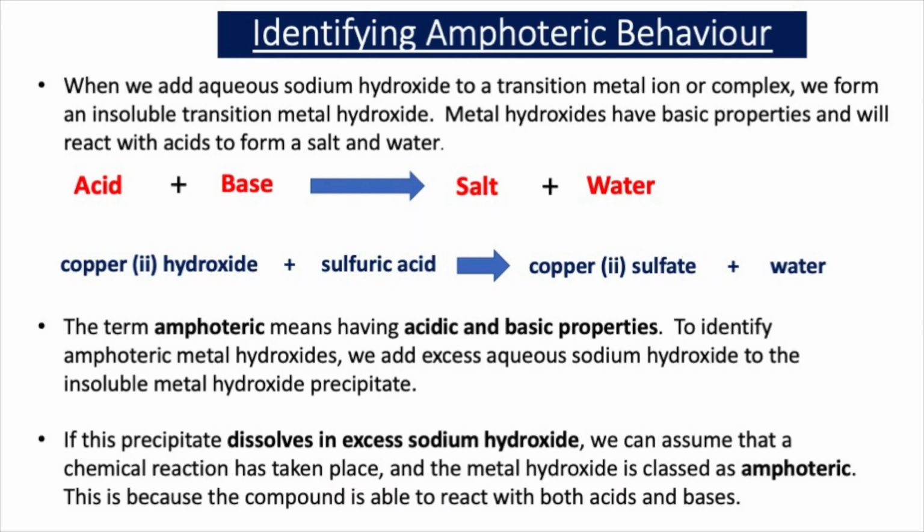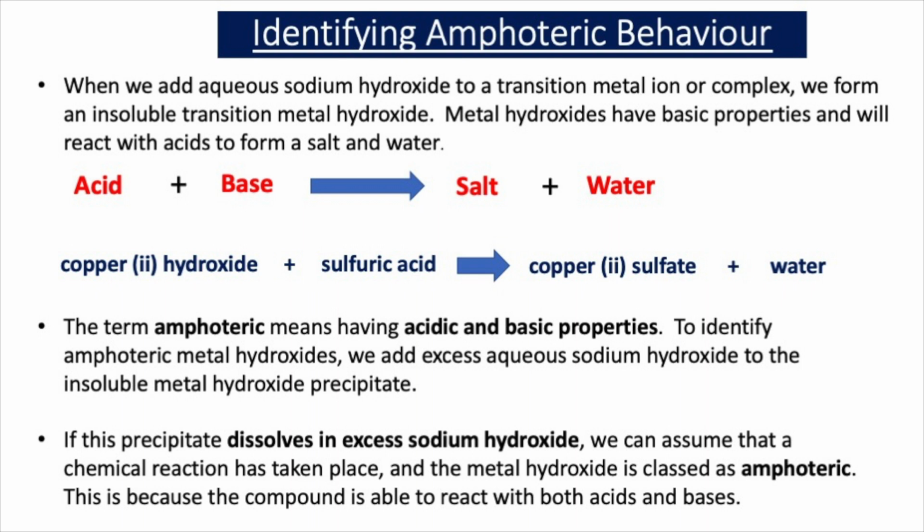Now, in addition to using aqueous sodium hydroxide solution as a chemical test for the presence of transition metal ions and complexes, we can also use aqueous sodium hydroxide to test for amphoteric behaviour. When we add aqueous sodium hydroxide to a transition metal ion or complex, we form an insoluble transition metal hydroxide.